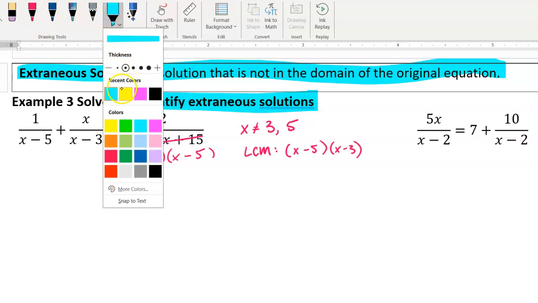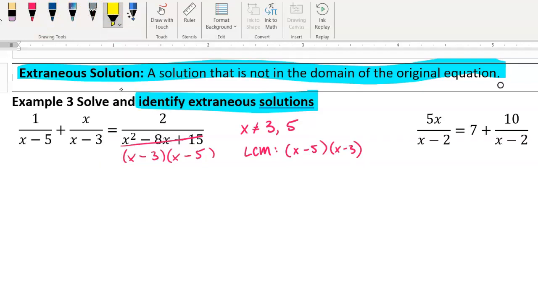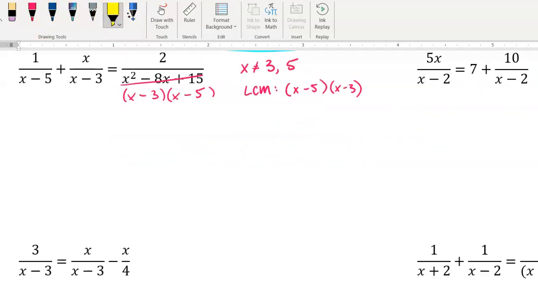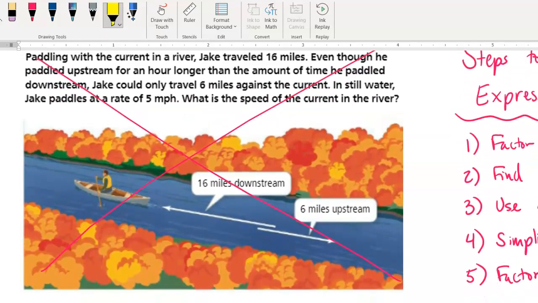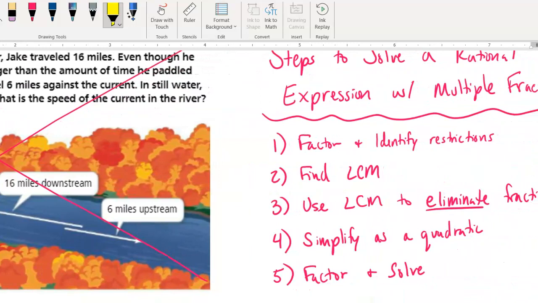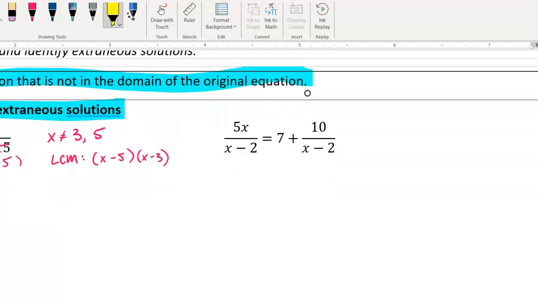All right, so let's look at that first fraction. So again, the next step, let's look at our steps here. So we factored and identified the restrictions. We found the LCM. And so the third step is what we're on right now. We're going to use that LCM to eliminate the fractions. So let's go back up here.